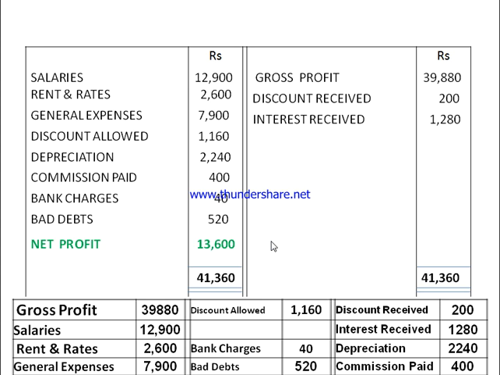That is why we have prepared the profit and loss account of Mr. Naeem, so that we can judge whether Mr. Naeem is earning profit or unfortunately suffering loss, if any. So Mr. Naeem is earning profit. It's very clear after preparing the profit and loss account of his business.